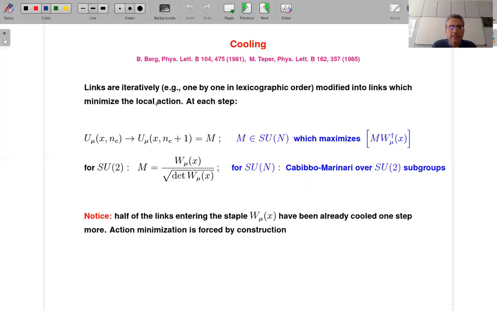So basically, you perform a sweep over the whole lattice, in which at each step, each link variable is substituted. So you have the link variable at site x in the direction mu, which is substituted by a new link variable, which minimizes the action. I mean, it maximizes the trace of the link times the staple. Okay, sorry, there is a trace missing here.